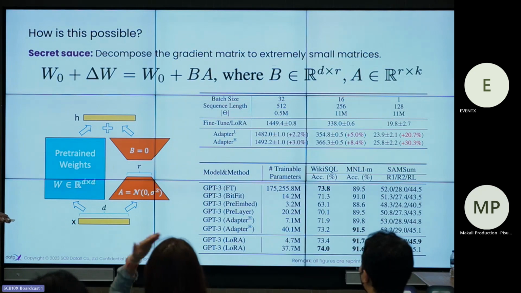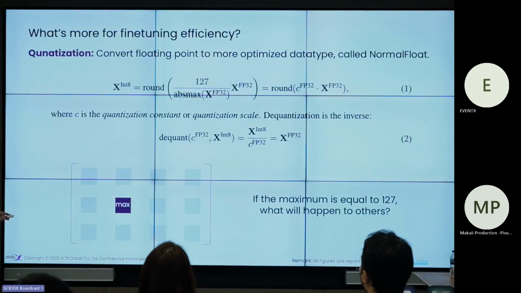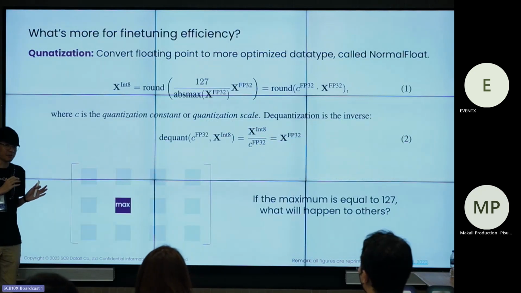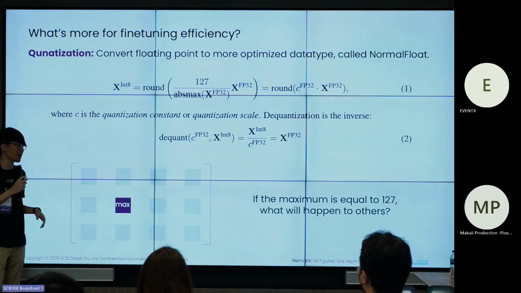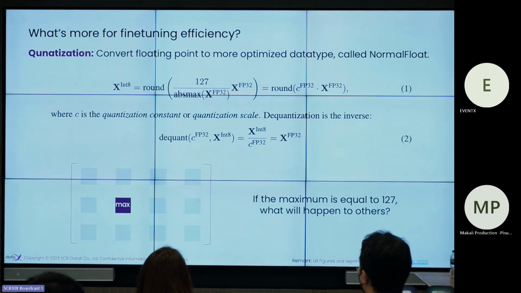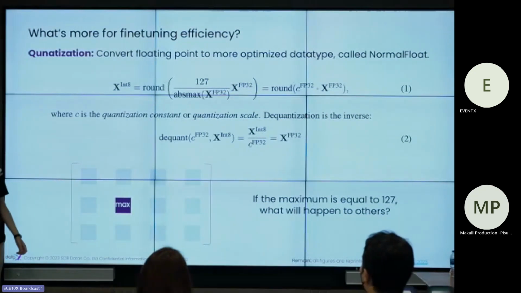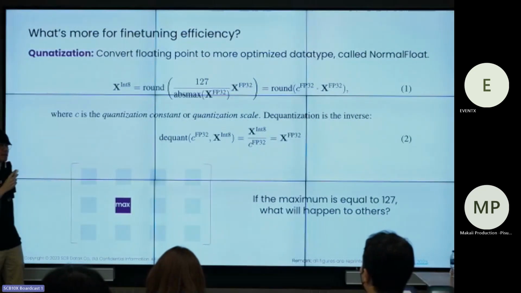But this is not enough because it still requires some space in your GPU card. Can we do it better? For this we can use what is called the quantization technique.